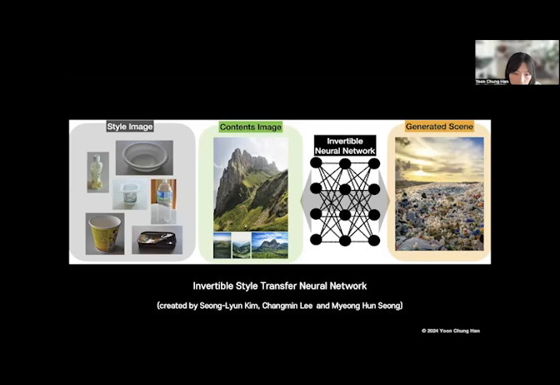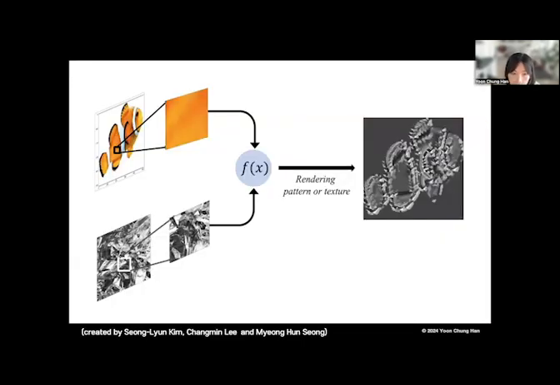There are the original style images, which are the photos I've taken from the quarantine time, the old plastic products, and then there's a content image, which is a nature landscape photo, and it generated some kind of AI generated scenes. And this is another chart.